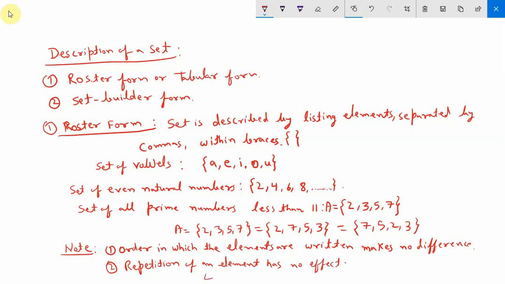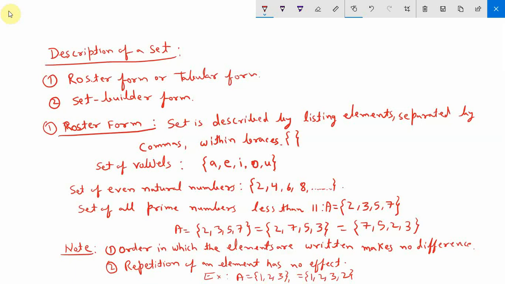If for example we consider A equal to 1, 2, 3, and another set where 2 is repeated, 1, 2, 3, 2, these two are same, even though 2 is repeated twice here.